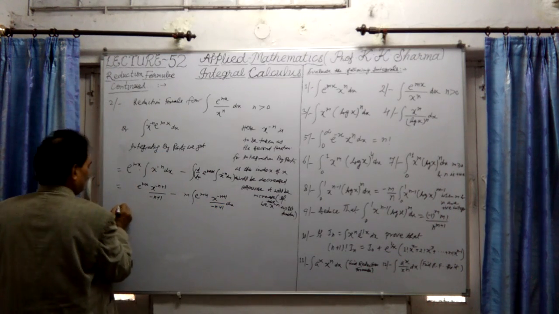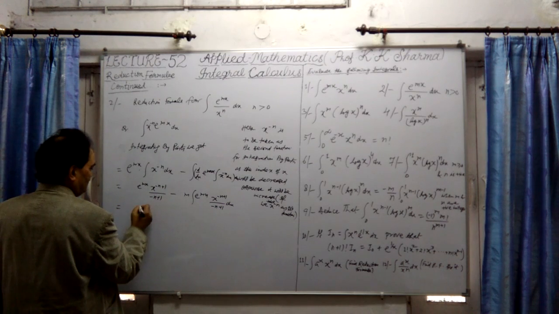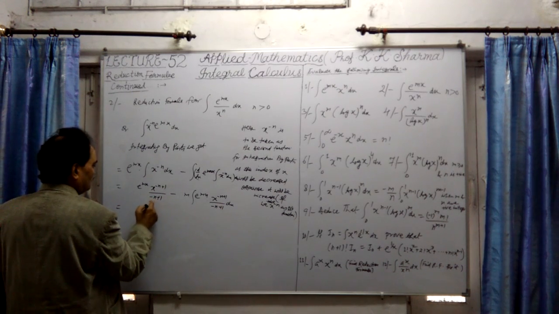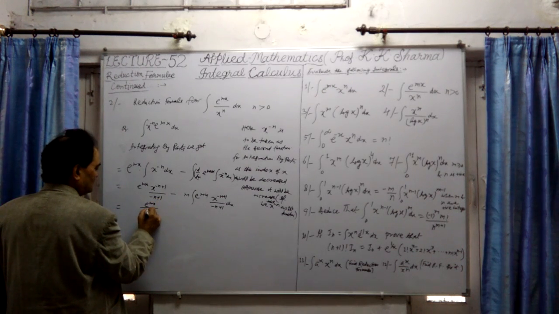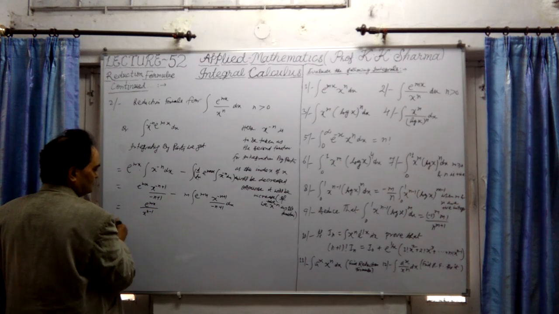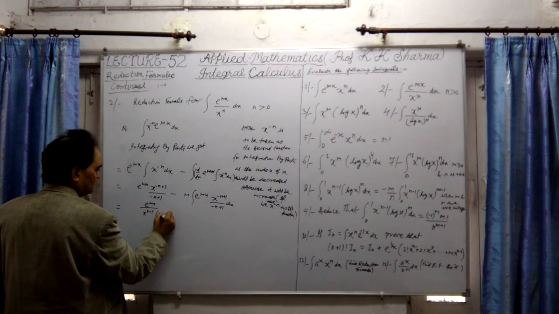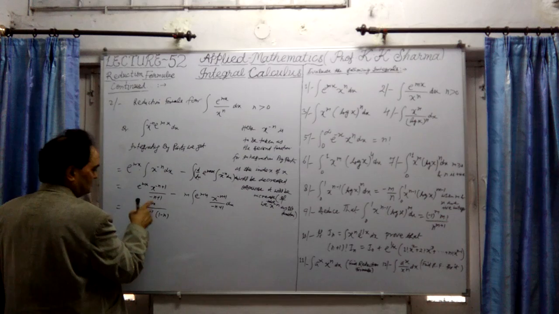Now let me write it in a proper manner. It will be e raised to the power mx upon x raised to the power n minus 1, into 1 minus n in the denominator.